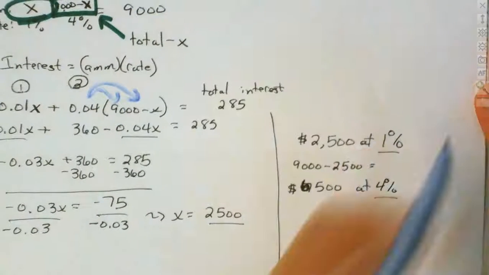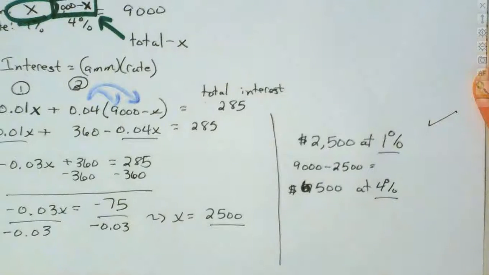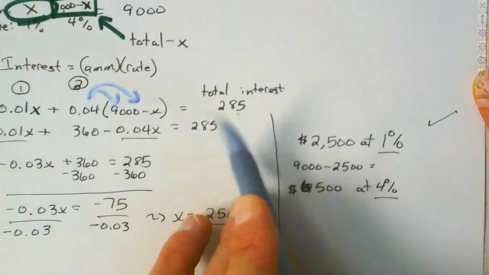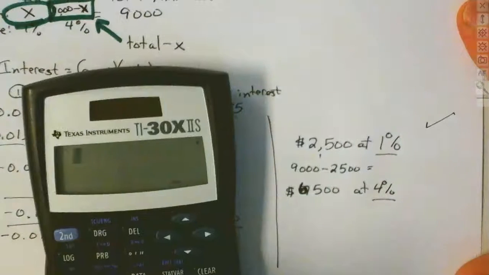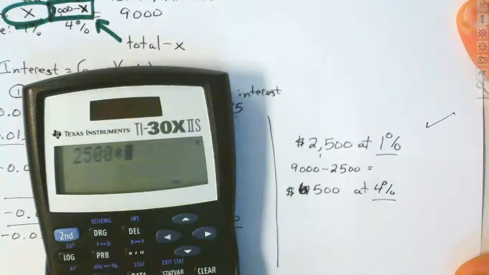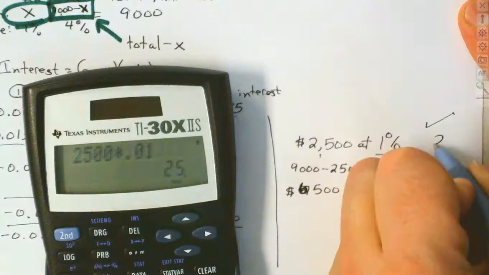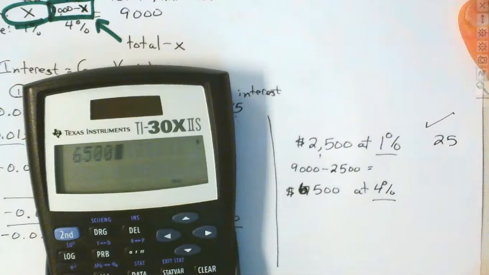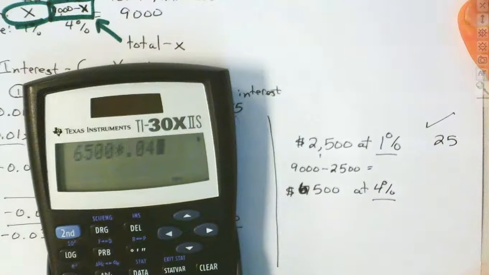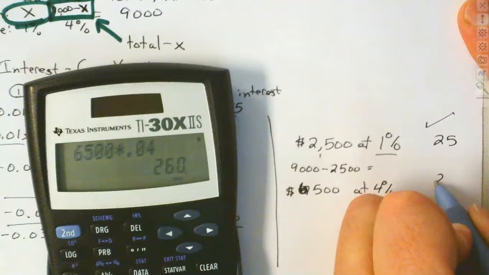How can we check our answer? Here's how you can check your answer. Let's see if it makes sense. We know they add up together to give you 9,000, right? How much money should we make? 285. Let's see if we get that. If we take 2,500 times that 1%, how much did I make on that one? $25. If I take the 6,500 and I take 4% of it, how much did it make? $260.